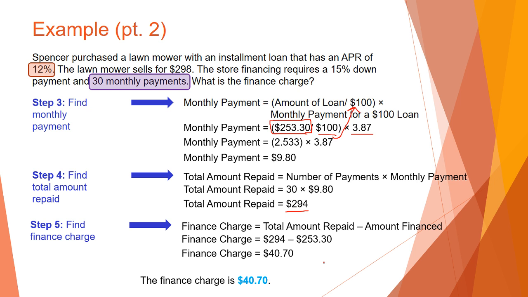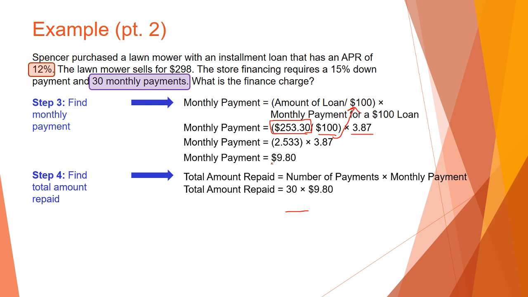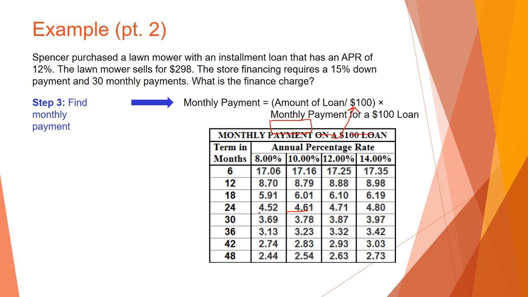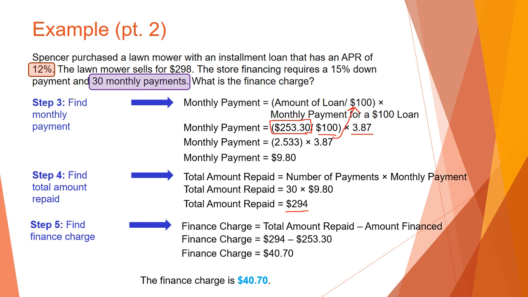Alright, we're going to have you try one out on your own. For this one, I'm going to give you the step 3 number, the monthly payment, on this table so that you don't have to try to figure it out. We have 8% APR for 36 months.